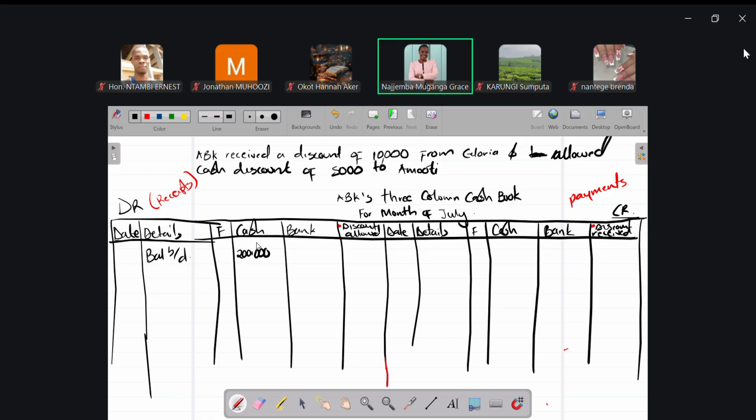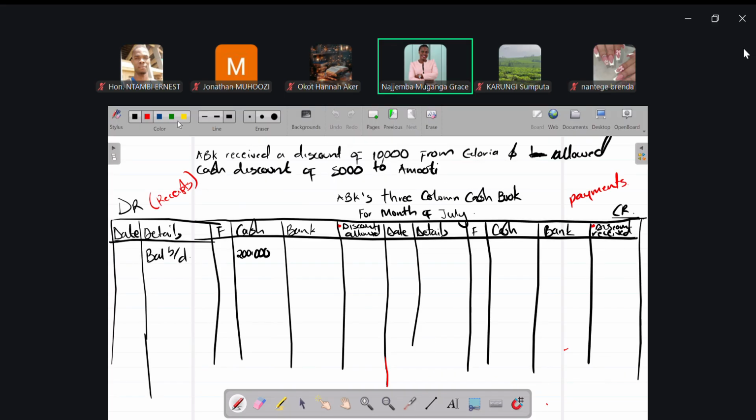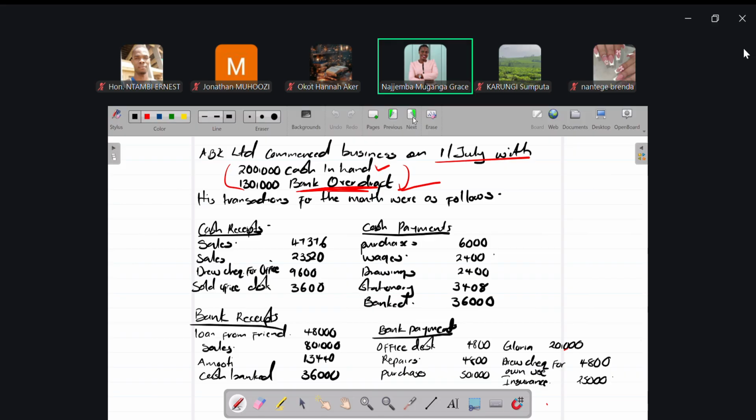Then for the bank, where do we post the bank figure? The credit side, because they have mentioned we started with a bank overdraft. We did not start with money in the bank, but rather we started with a loan. So that means we need to recognize that on the credit side. Assuming it was 1st of July, under bank, we started with an overdraft of 130,000.